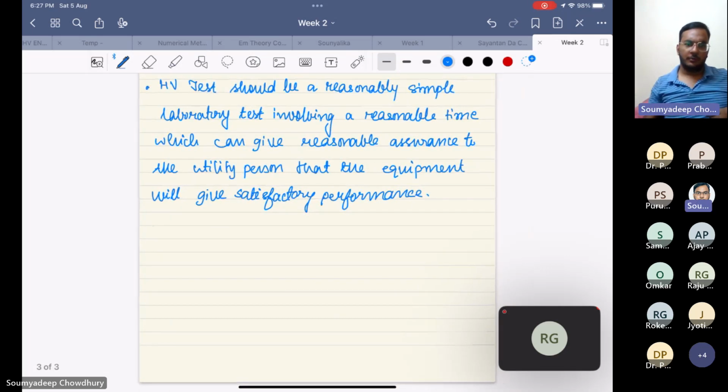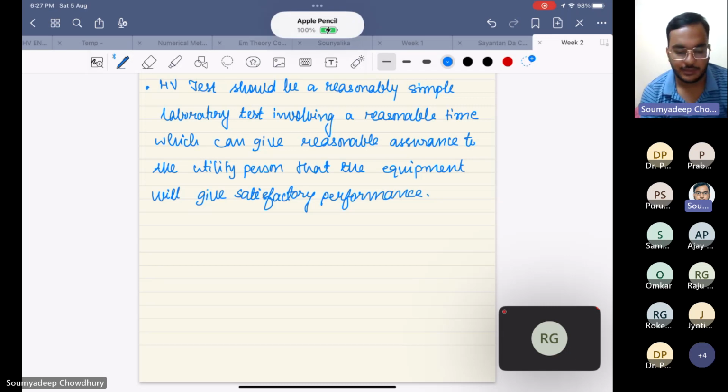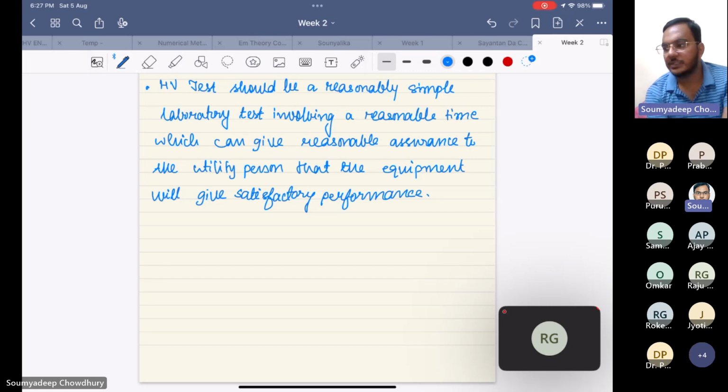So now, what should it simulate? I'll give you an example, so it will be easy for you. I was talking the other day about the pollution tests on a high voltage insulator, right? So why do we perform the pollution tests? These high voltage insulators will be installed everywhere, near the factories and the chemical industries. On the transmission lines, they will be hanging. So suppose it is near a chemical industry. Different chemicals will be deposited on it. Even some birds will sit on these transmission lines.